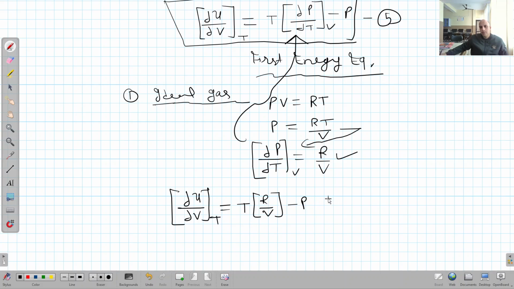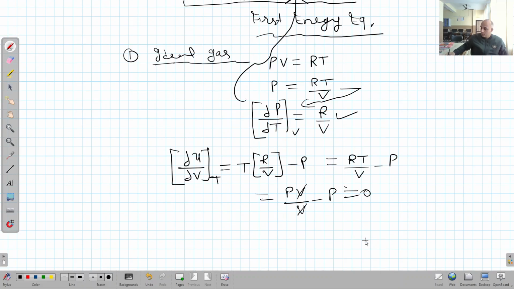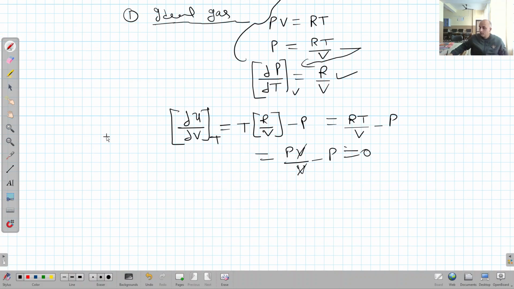Now I'm going to put this value in the first energy equation. So (∂U/∂V) at constant temperature is equal to T multiplied by R upon V, minus P. So it becomes RT upon V minus P. What is RT in case of ideal gas? RT is PV, so it is PV upon V minus P, which is P minus P, 0. So in case of ideal gas, (∂U/∂V) at constant temperature is equal to 0.